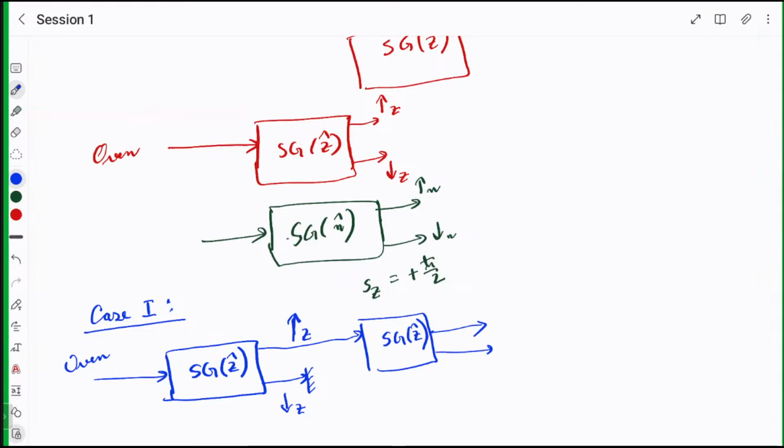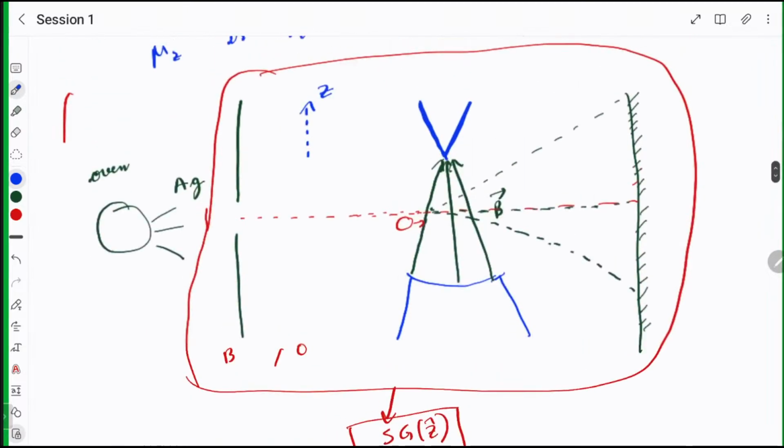So it has only Z plus h cross by 2. If the source of silver atoms did not have both plus and minus h cross by 2, had only plus h cross by 2, where would all the atoms go?